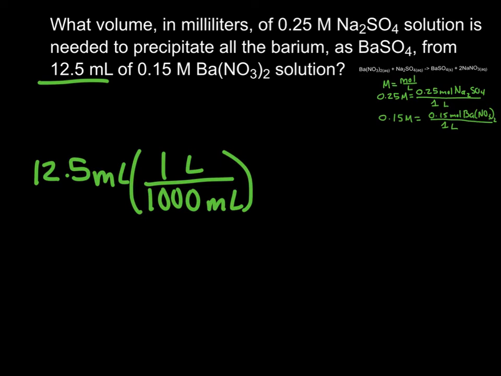So now we're going to convert our liters to moles because we know the molarity. So we get rid of liters, and we know that for every liter of our 0.15 molar barium nitrate solution, we have 0.15 moles.